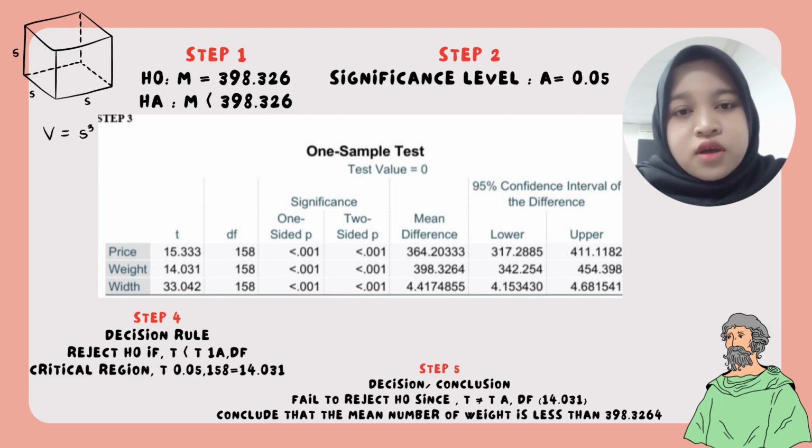In step 5, which is decision or conclusion, we fail to reject H0 since T is not equal to T at DF, 14.031. Conclude that the mean number of weights is less than 398.3264. That's all from me.